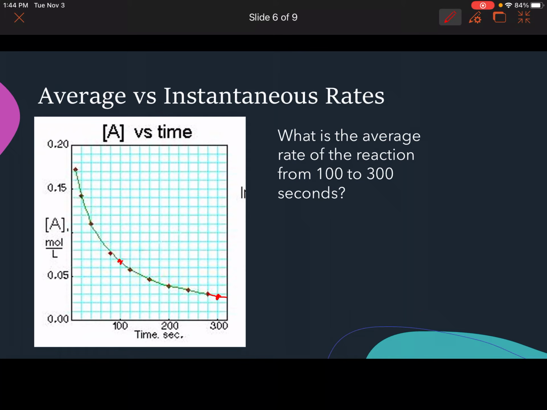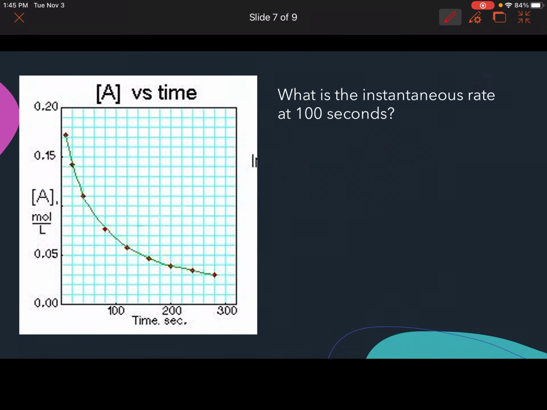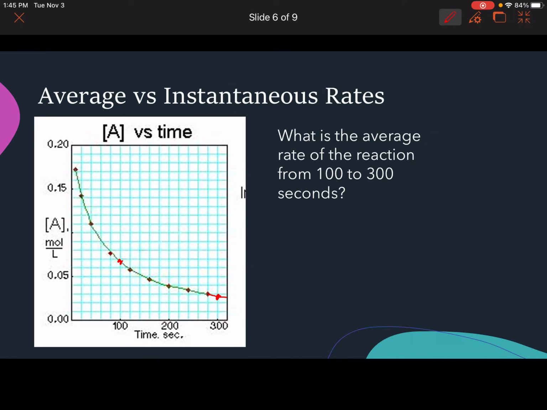So we have a problem because this is a curve. Can you find the slope of a curve? No, you can't. You have to make that into a straight line. So how we do that is we're going to use what's called a chord.